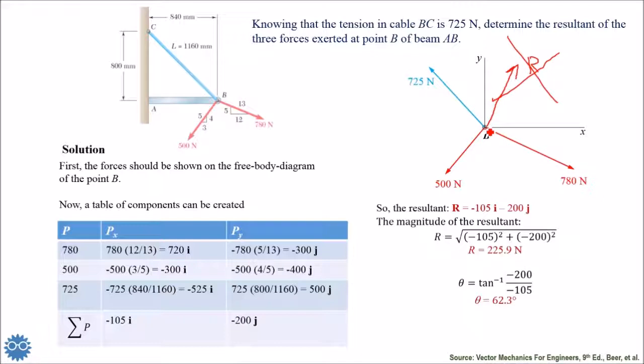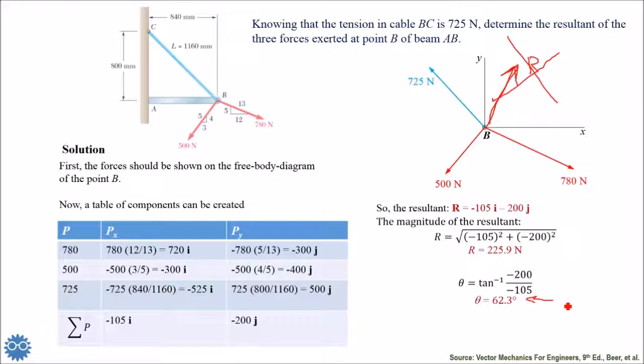Because the resultant means the force that can replace the whole forces together. So when you put the vector in this direction, which force of these can produce such a vector upwards? Impossible.